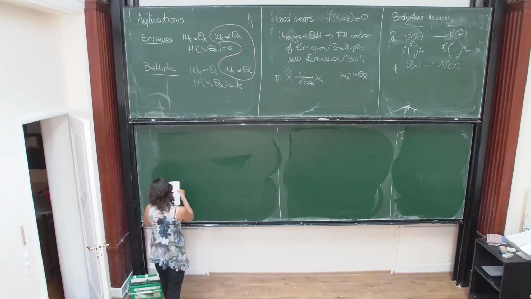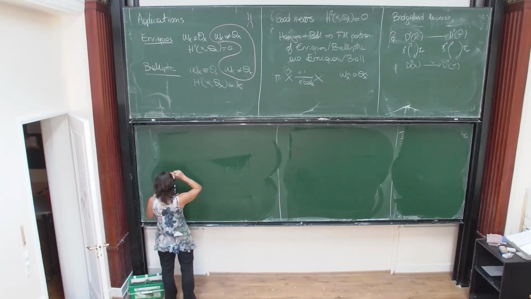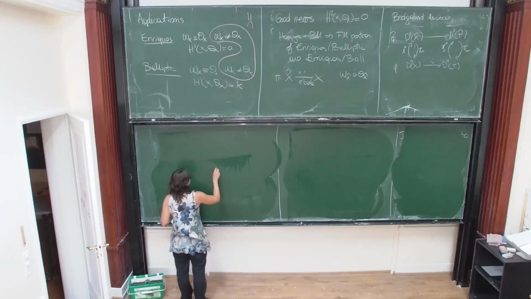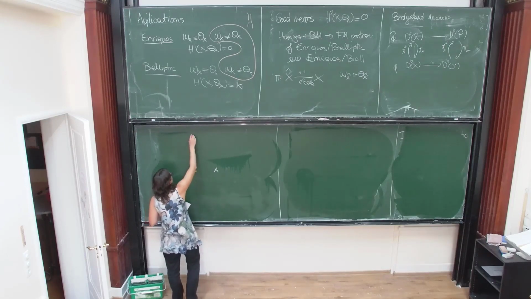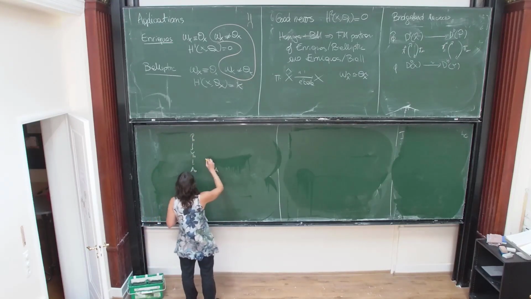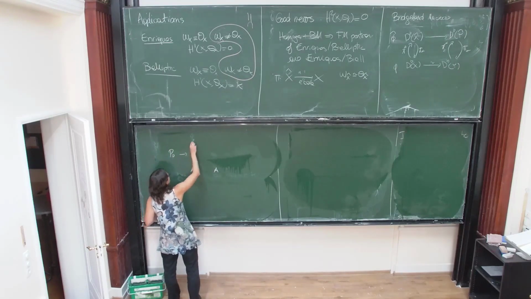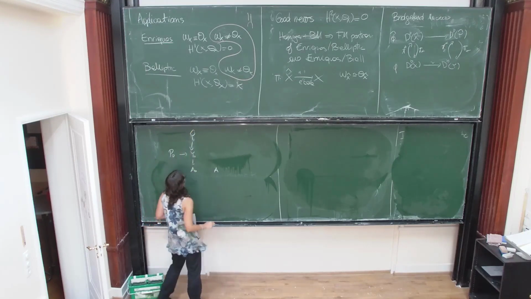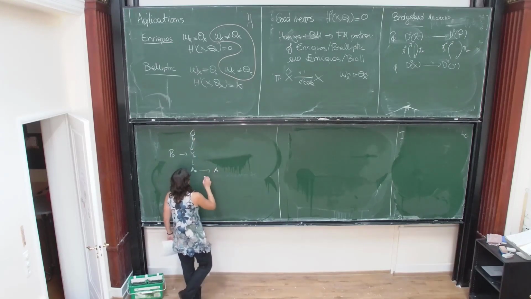I should hurry. So the first is like that. We have A0, Y0, and we have a perfect complex over P0. Let me write it like that, because here I want Y hat and Y0 hat.